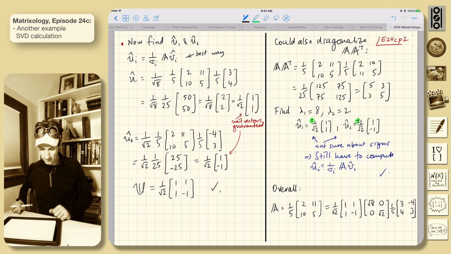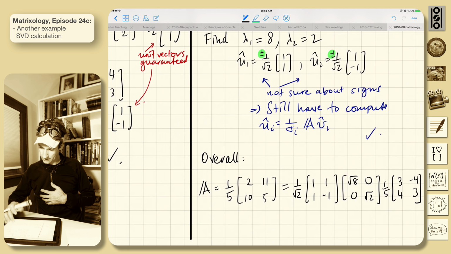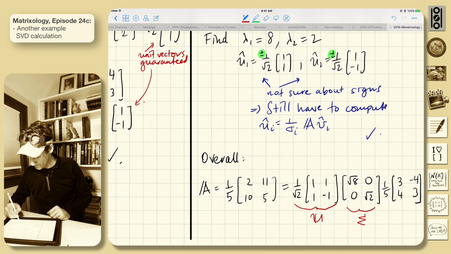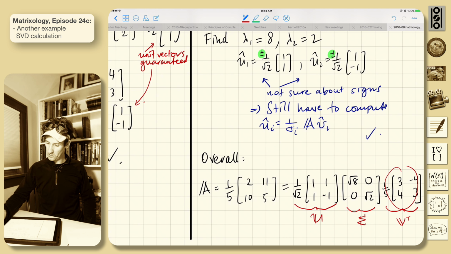Let's just indicate what these are. So this is, of course, U. This is sigma. And then this is V transpose. So this is the best basis for row space. This is the best basis for column space. And this is the connective piece between the two.